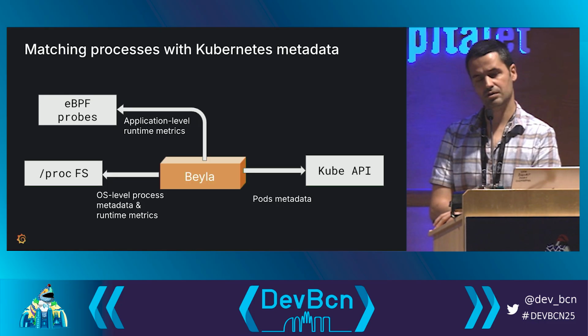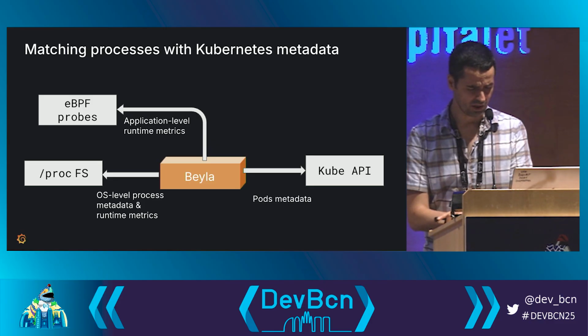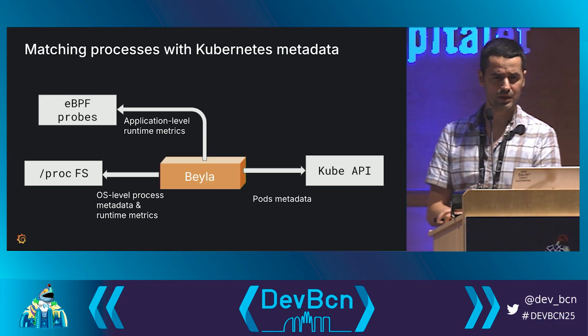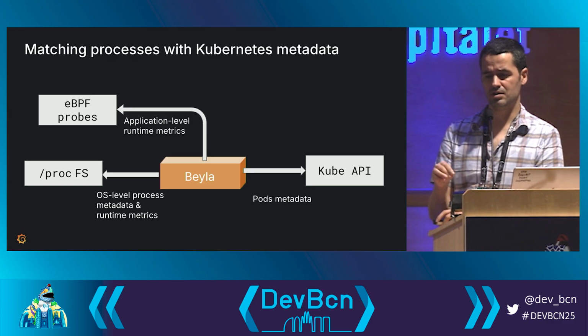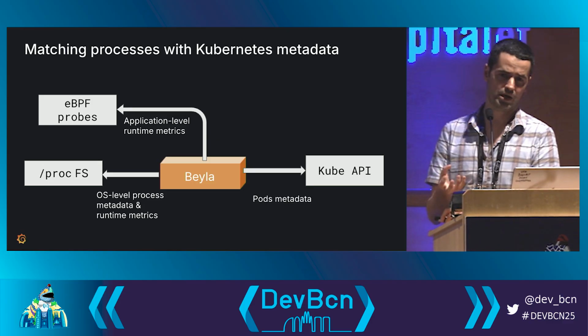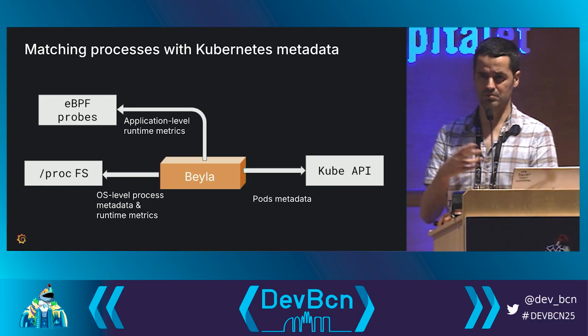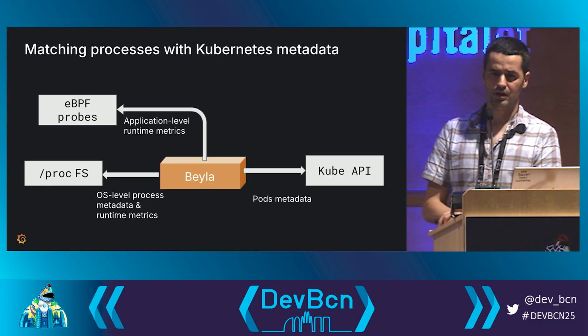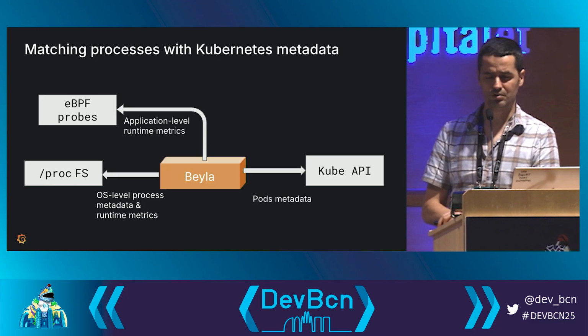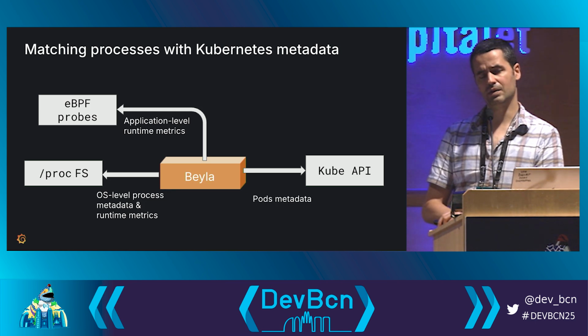can connect to the Kube API. Each Kubernetes pod, when it runs Beyla in that case, will run as a regular Kubernetes pod with some extra privileges. Each Kubernetes pod can get permissions to access the Kubernetes API.